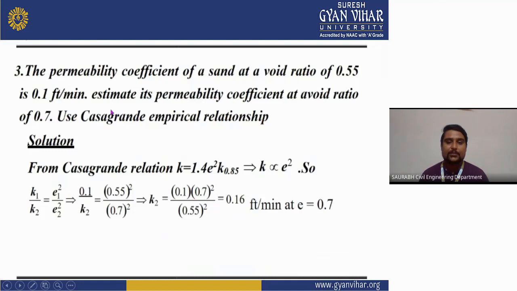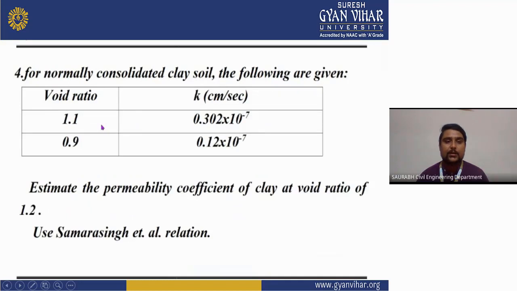Here is the solution from the Casagrande relation where k is equal to 1.4 e square, where k is directly proportional to e square, and here e will be 0.07.